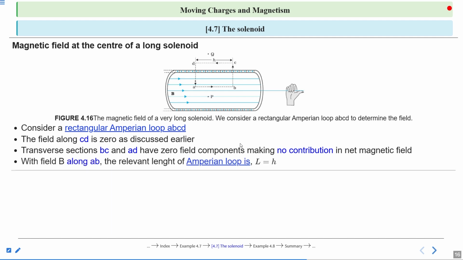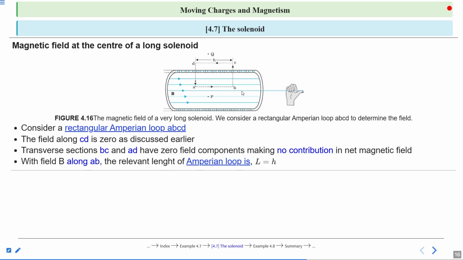So with field only, what section remains? Only the AB section. With field B along the AB section, the relevant length of the Amperian loop is L equal to H. The length we are going to consider in this problem is only H, that of AB.